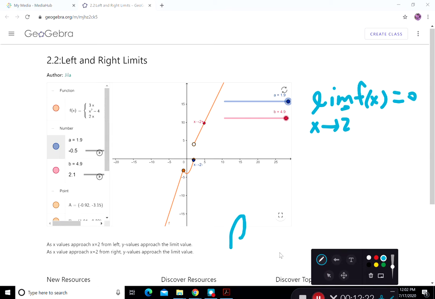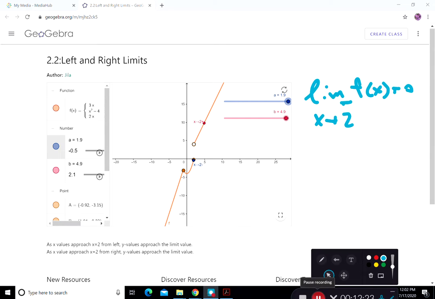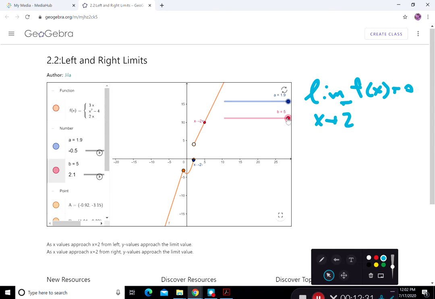So the next question is, what about the limit as x approaches from the right side? Now I have a red point, and it's traveling on the graph as x is decreasing to get closer and closer to 2.